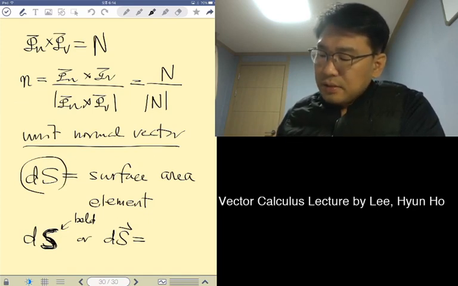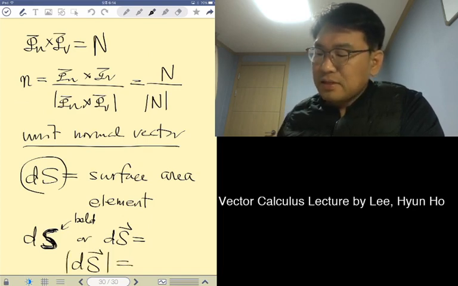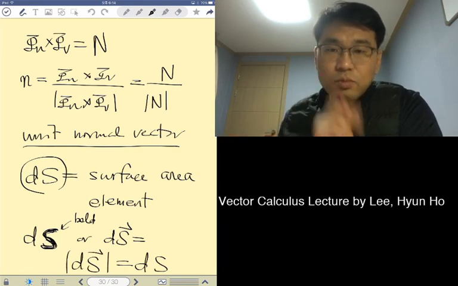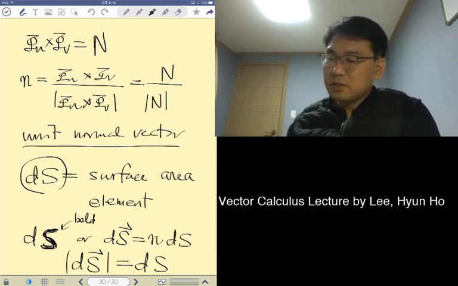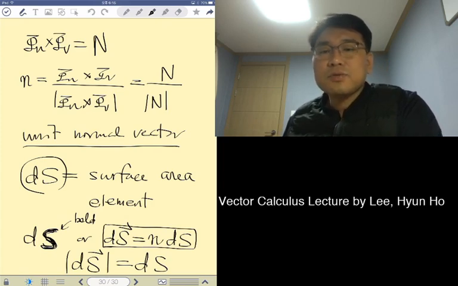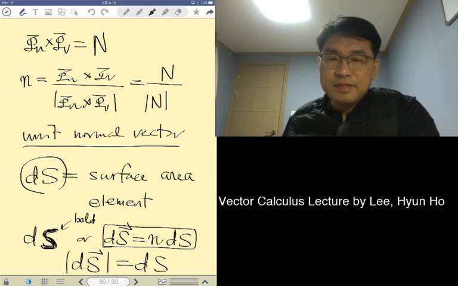The size of this vector is dS, and the direction is the normal vector direction. So it is the normal vector times dS. This is vector notation, and we are going to use it soon to define the surface integral.